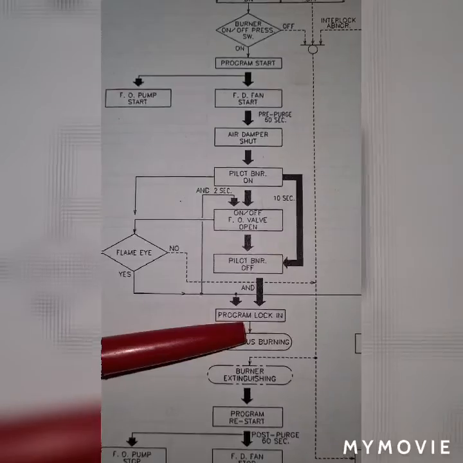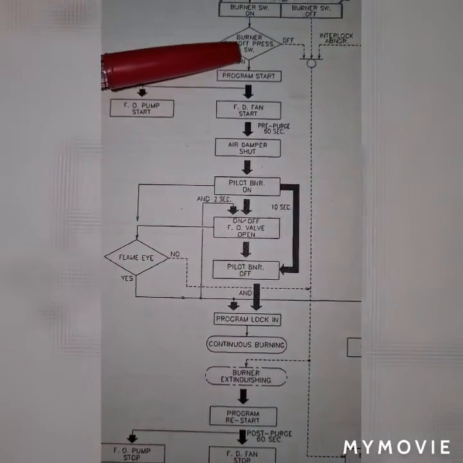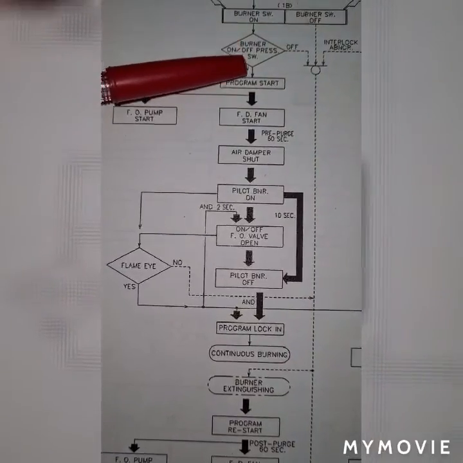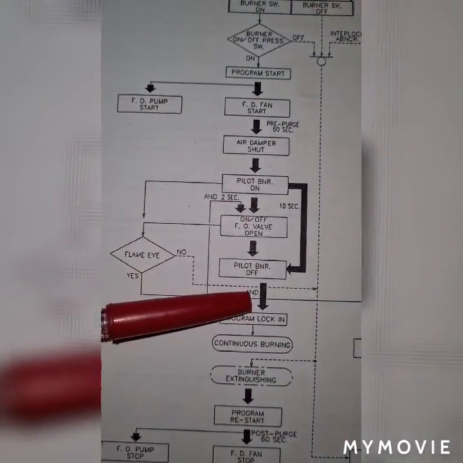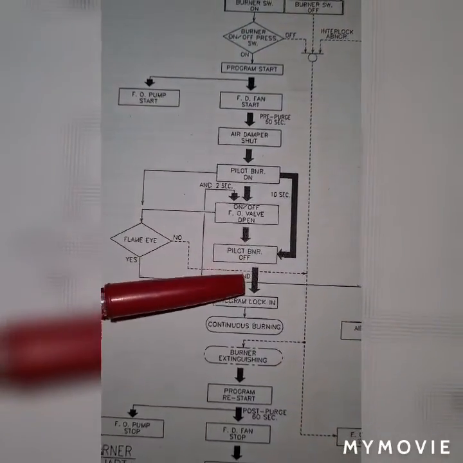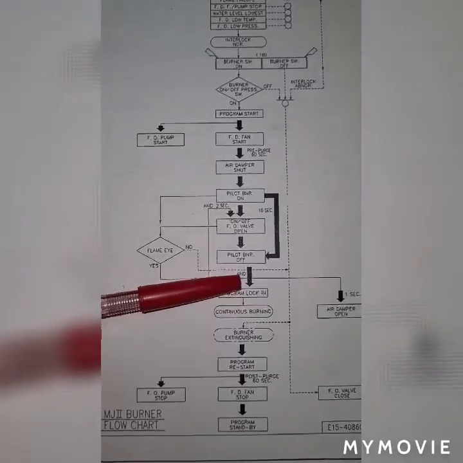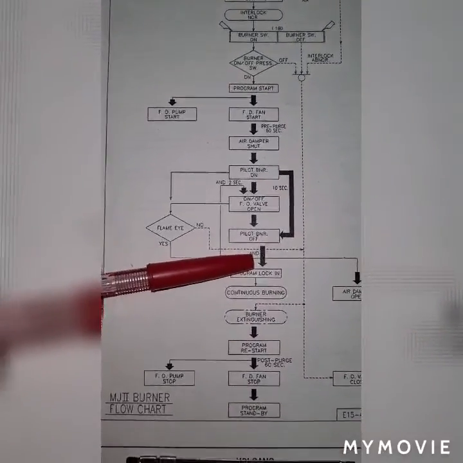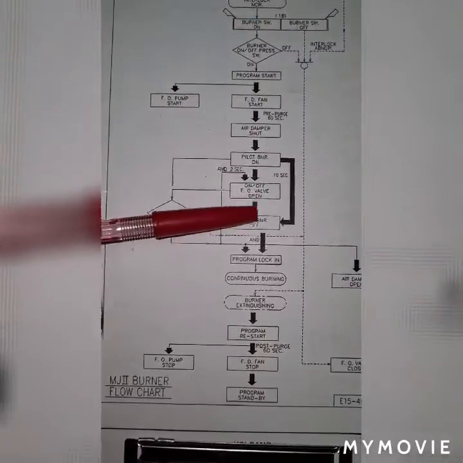This process, continuous burning, burner switch on, program start, is the second phase of the flowchart process, wherein a boiler is functioning in a normal way.